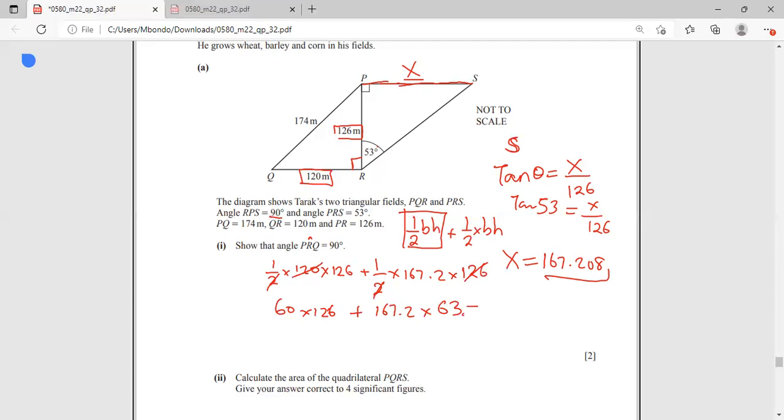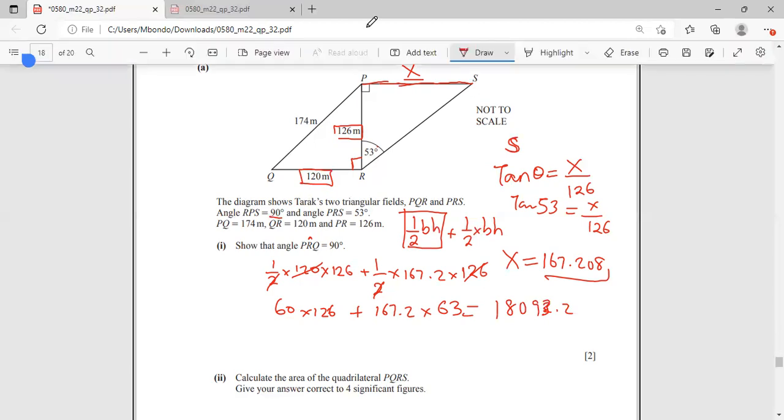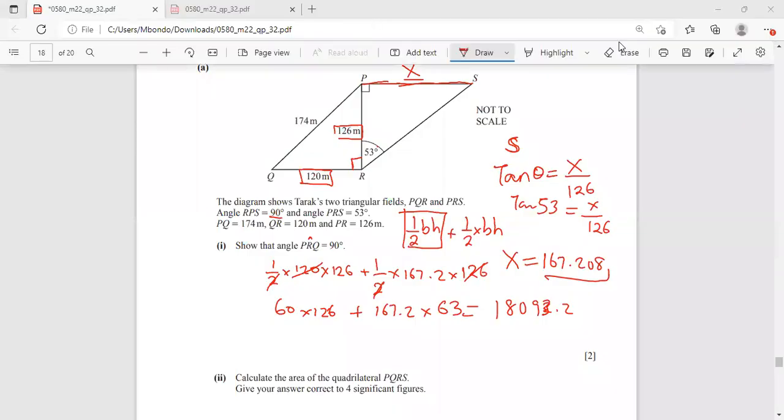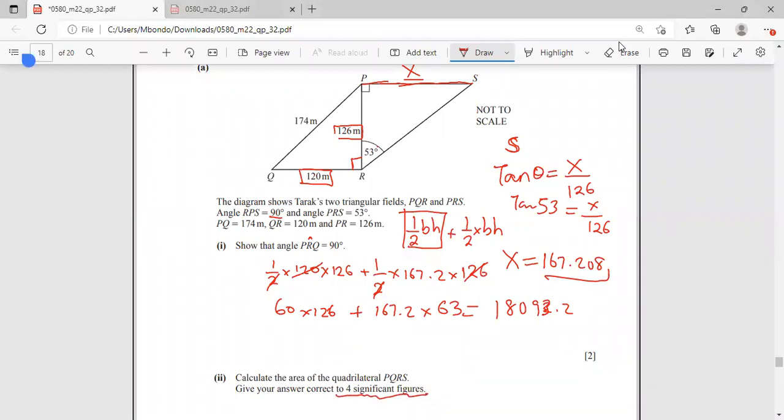What are we going to get? This is going to give us 18093.2. Okay, and then we're told that we need to write this to 4 significant figures. So since the question wants us to write our answer correct to 4 significant figures, then we're going to have 18090. Okay, this is what is going to be our answer.